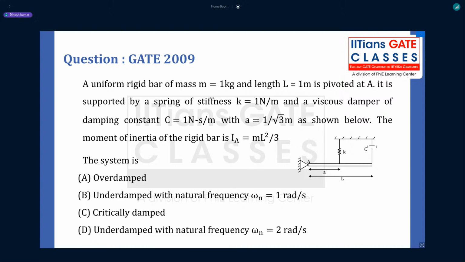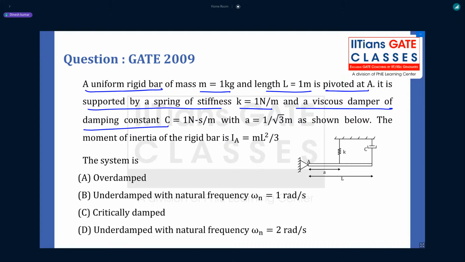So read what the next question says. A uniform rigid bar of mass m equal to 1 kg and length L equal to 1 meter is pivoted at A. It is supported by a spring of stiffness K equal to 1 Newton per meter and a viscous damper of damping constant C equal to 1 Newton second per meter, with a equal to 1 upon under root 3 meter as shown below.